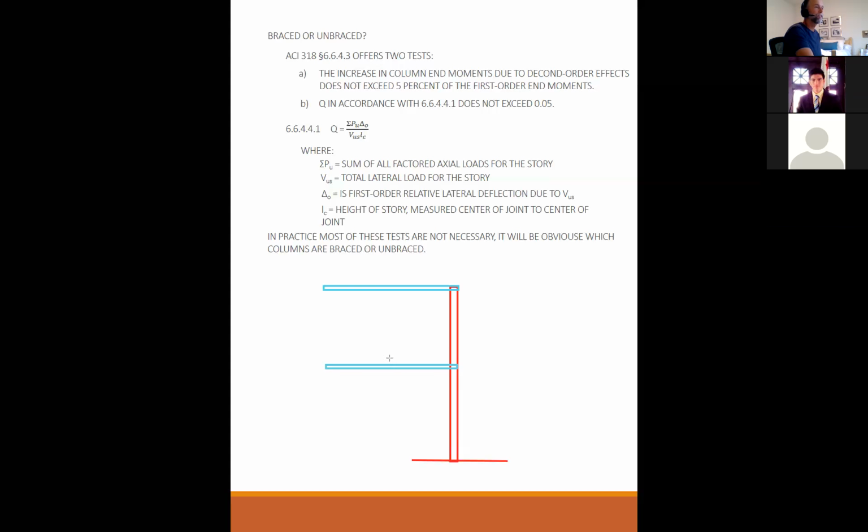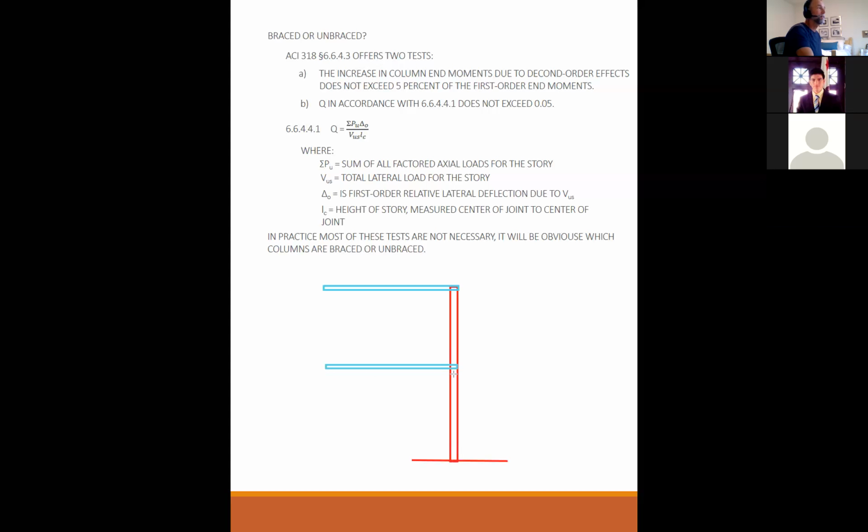And this concrete slab is tying this column to something. Most of the time, it's obvious whether or not this column is tied to something that is sufficiently stiff to make this column believe that it is braced.